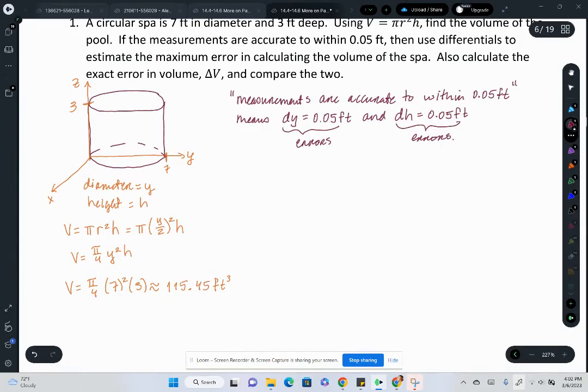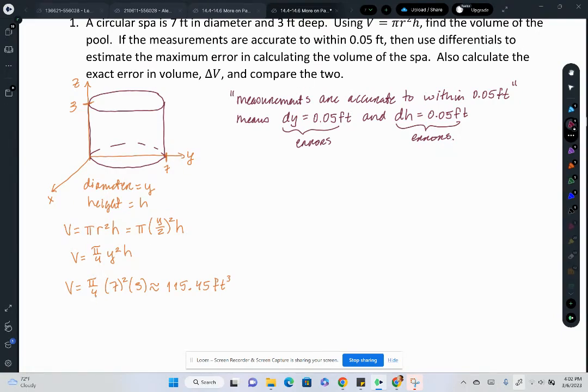And I think that might be one of the harder parts about these problems, is understanding that before it was just a differential, and now it actually has a meaning. So dy's, dh's, dz's, they all are measuring error in this problem. Okay, so now we've gotten through that third sentence.